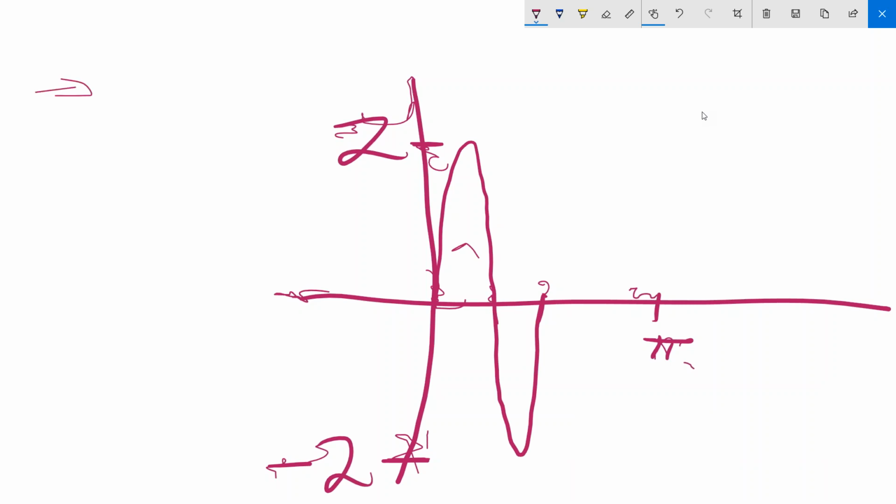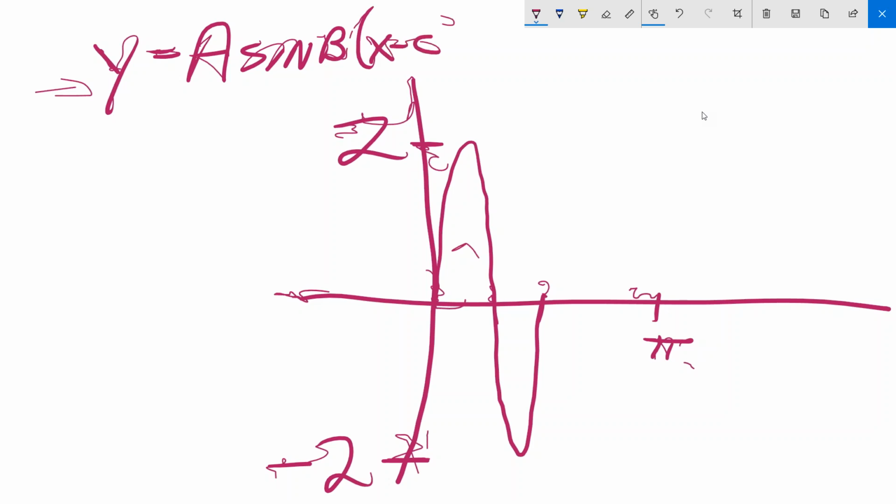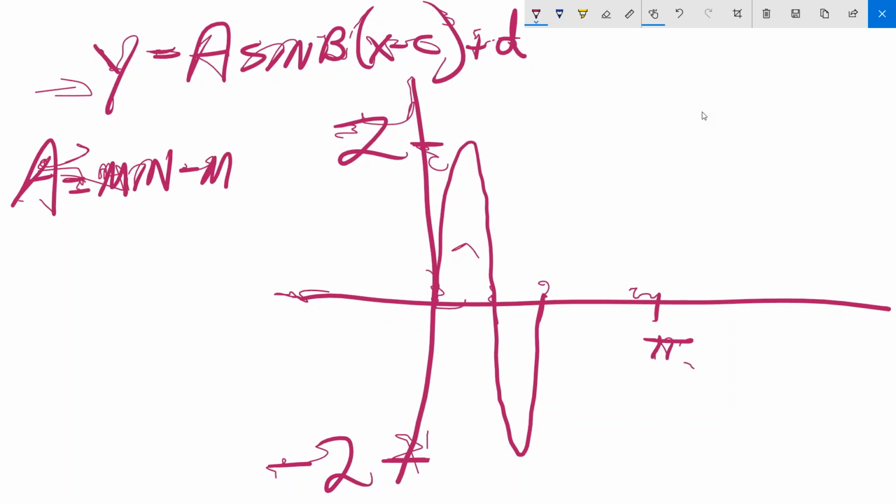So, what do we start with? We start with our general equation. With me? And we figure out what the letters are. What is A, B, C, and D going to be? Well, what did we say A was? A was the maximum minus the minimum divided by 2.